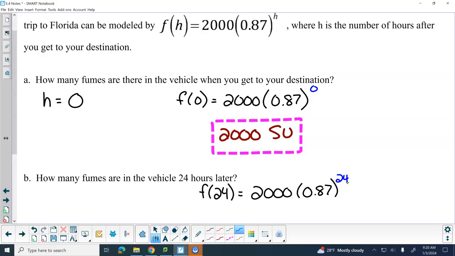We'll round it to 3 decimal places. Anybody?